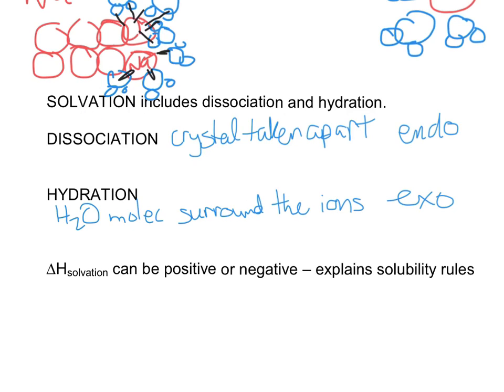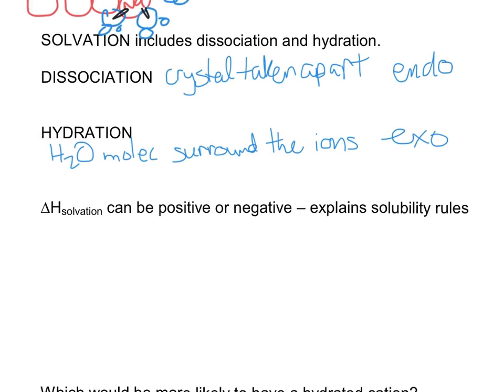And so that's why the heat of dissolving or the heat of solvation can be either positive or negative, depending on which of these processes is a larger number of joules. So that's why some substances are more soluble than others. So that's why it says here that this explains the solubility rules.